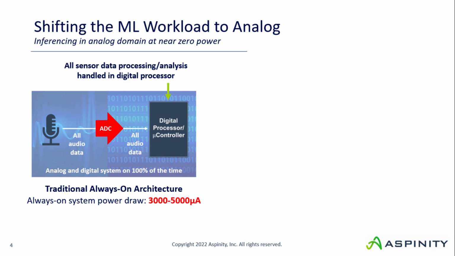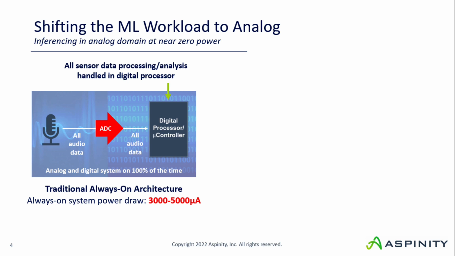There's no guarantee that any of that information is actually relevant, and you won't know until after you actually digitize it. And just that sheer process of digitizing the signal through an ADC can be relatively power consuming, not to mention the whole digital processor itself. So as a result, it can be really hard to build systems that can last for a very long time on a single battery charge. Even getting to a month can be a real challenge on these types of systems.